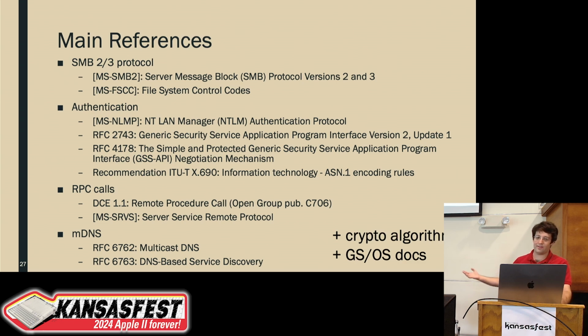And then also the multicast DNS stuff, the RFCs that specify that. On top of that, the crypto algorithms have their own specifications. As I mentioned, I'd already implemented most of those in the library, but you have to refer to the specifications for that. And obviously the documentation for GS/OS, both the third-party material on how to write an FST, and the GS/OS reference itself that documents all the calls that you'll have to support.